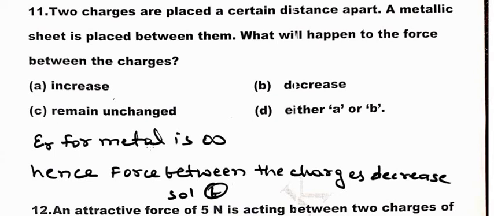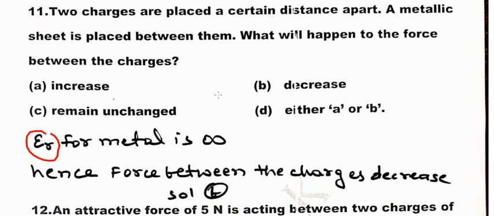In a simple way, you can think of relative permittivity. The relative permittivity for a metallic plate is infinity. Hence, you know that F is 1 by 4 pi epsilon naught epsilon r into Q1 Q2 by r square. Since epsilon r becomes infinity, the force between the charges becomes 0.